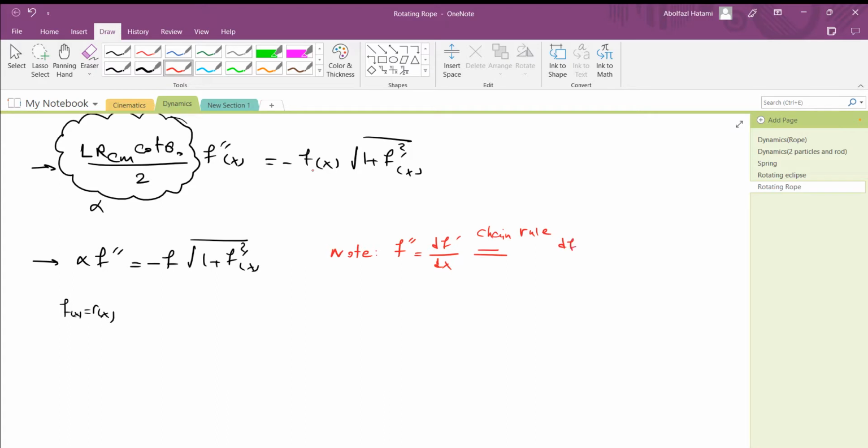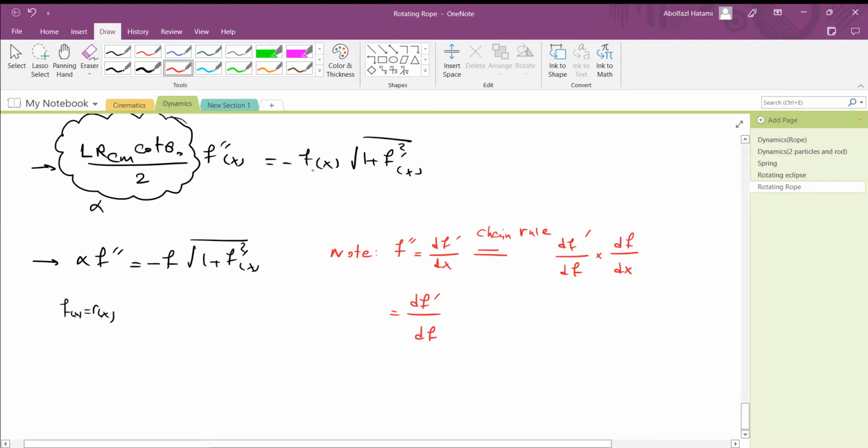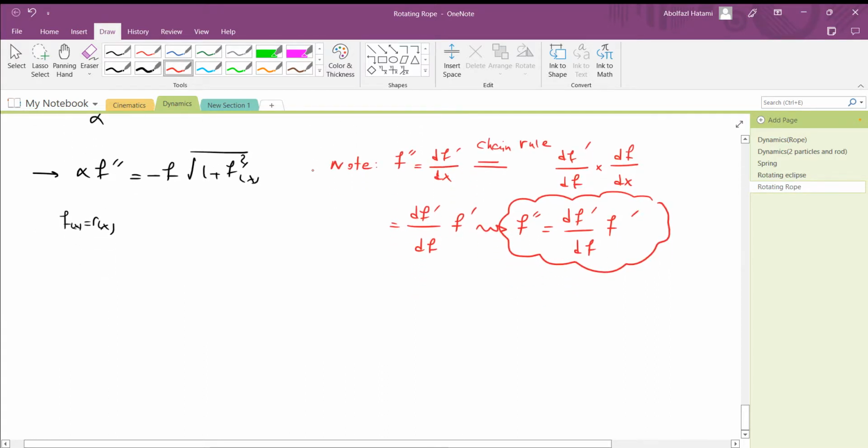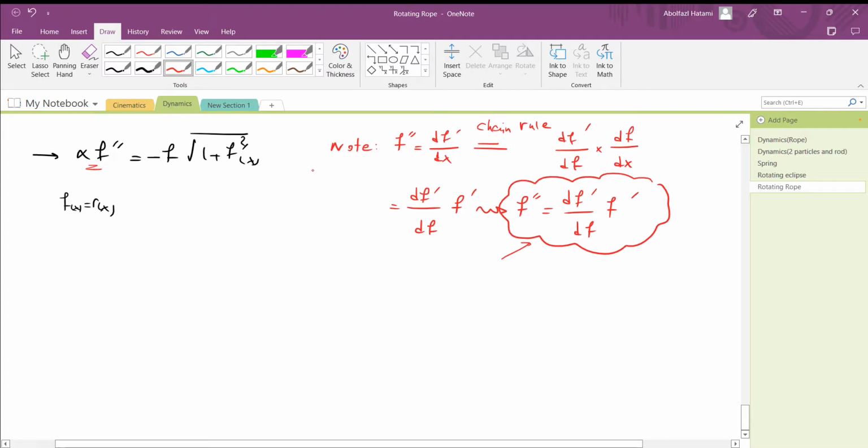We can write it as df prime over df multiplied by df over dx, and df over dx is just f prime. So we obtain that f double prime is df prime over df times f prime.